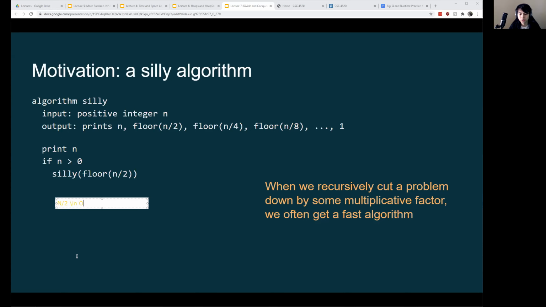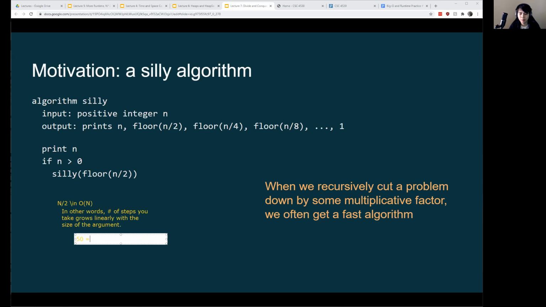In other words, the number of steps you take grows linearly with the size of the argument. So if your argument is 50, then maybe you take 25 steps. If your argument is 100, maybe you take 50 steps. If your argument is 1,000, maybe you take 500 steps. That's what n over 2 would be.